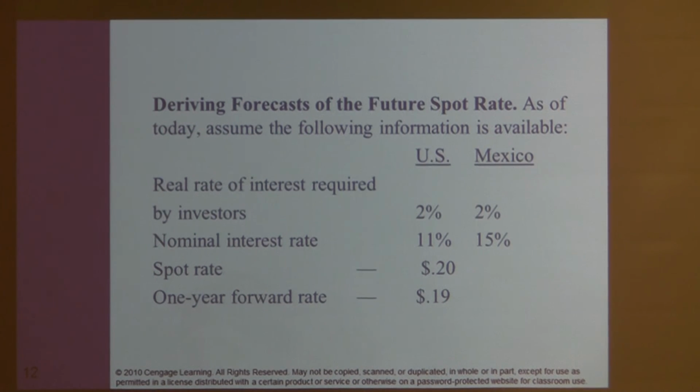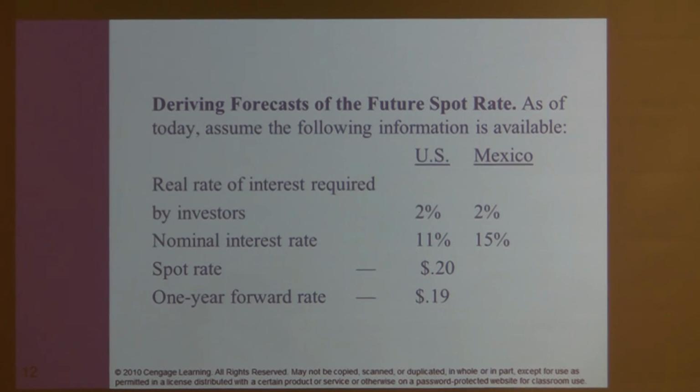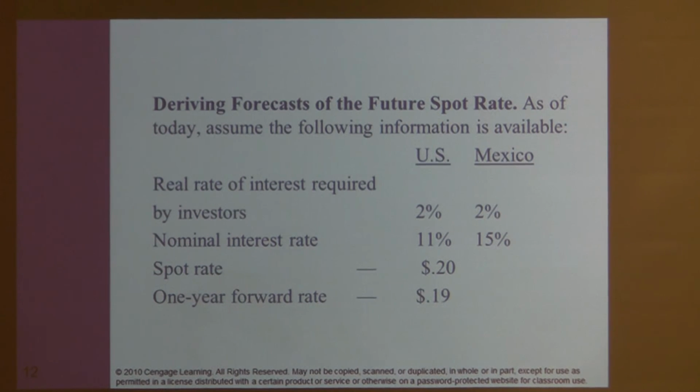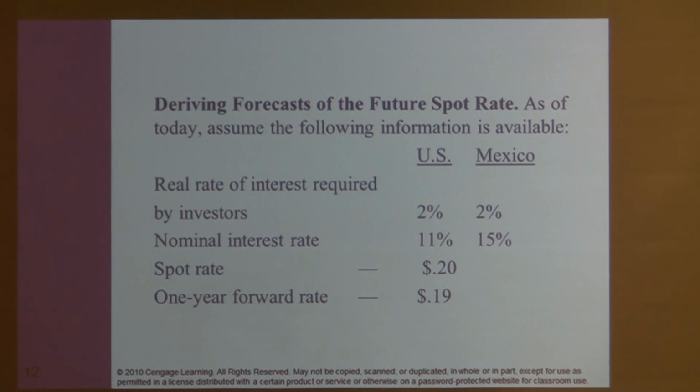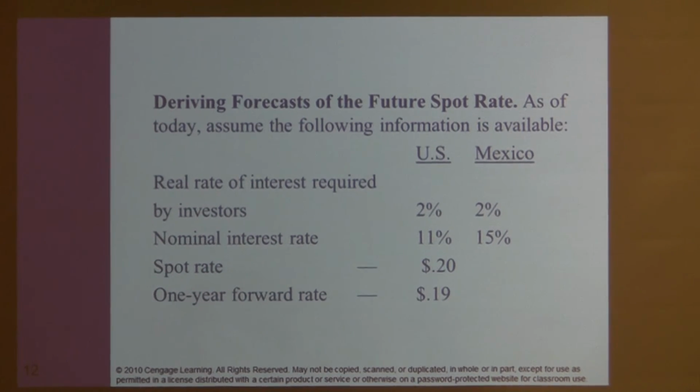What is the inflation here? That's the first part. You have the nominal rate, which equals the real rate plus inflation. So the main thing here is you want to find out the inflation first.